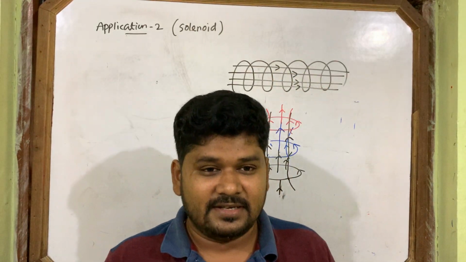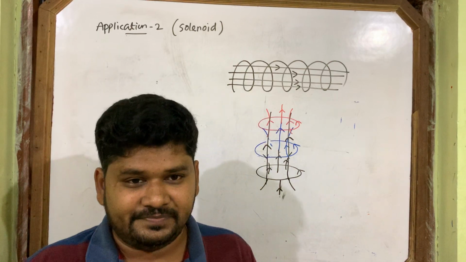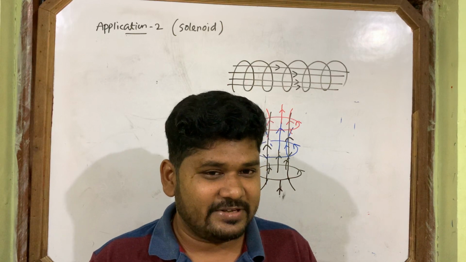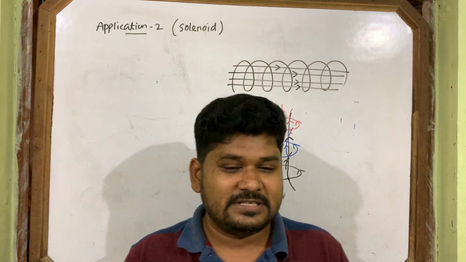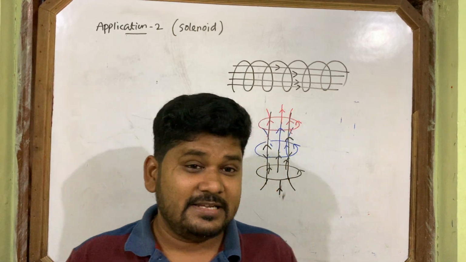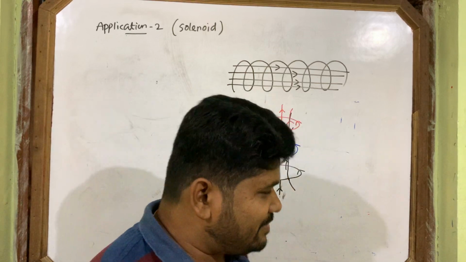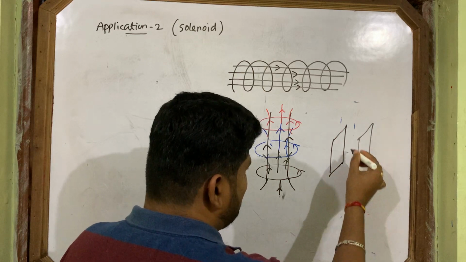That means inside the solenoid the magnetic field is uniform. Similar to which device you have read in the second chapter? Capacitor. In a capacitor, what is uniform? Inside the capacitor, the electric field. Have you remembered? In a capacitor, the electric field lines are parallel.